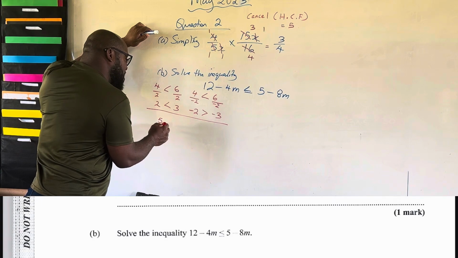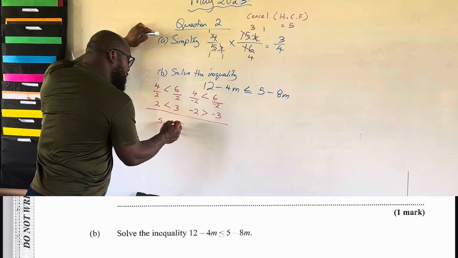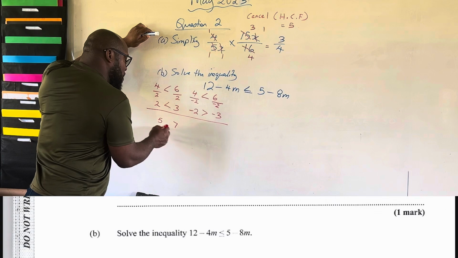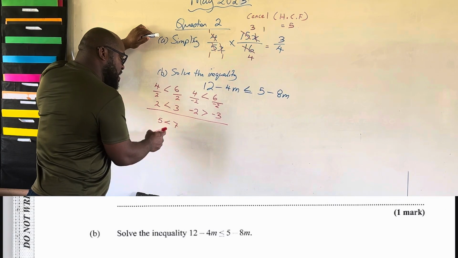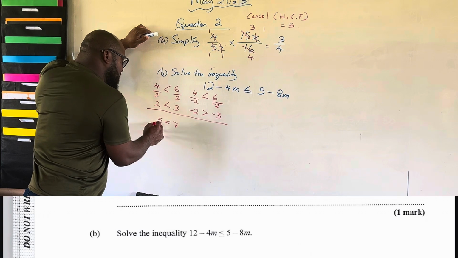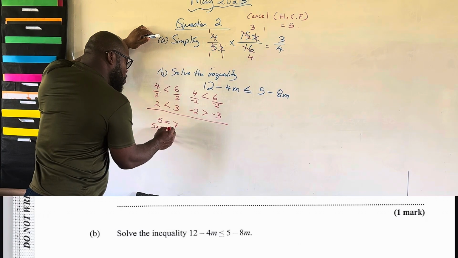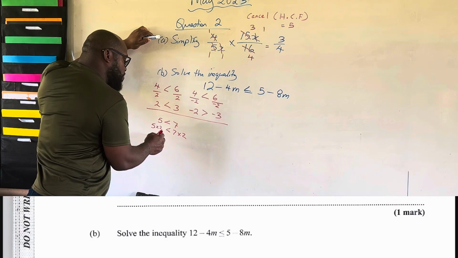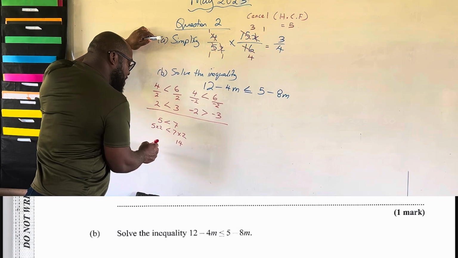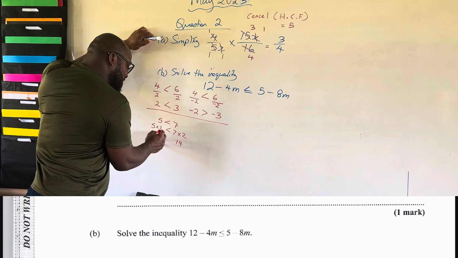Let me try 2 different numbers. 5 and 7. Which is bigger? 7. Let's multiply 5 times 2 and 7 times 2.